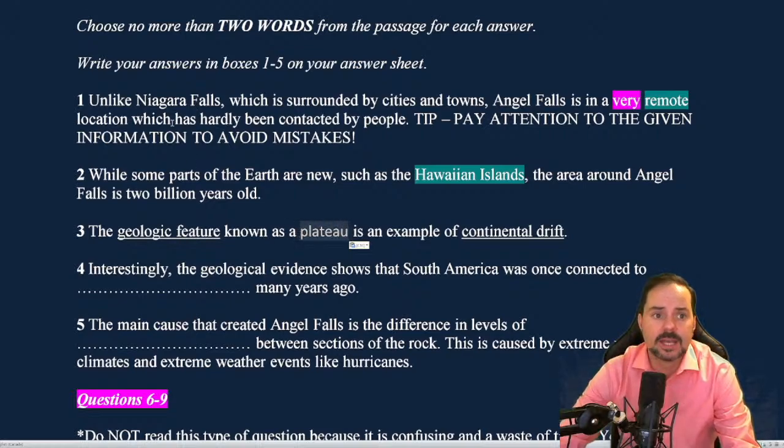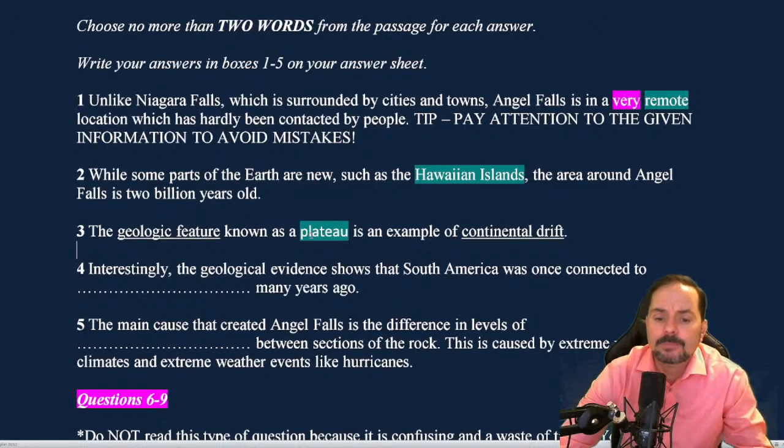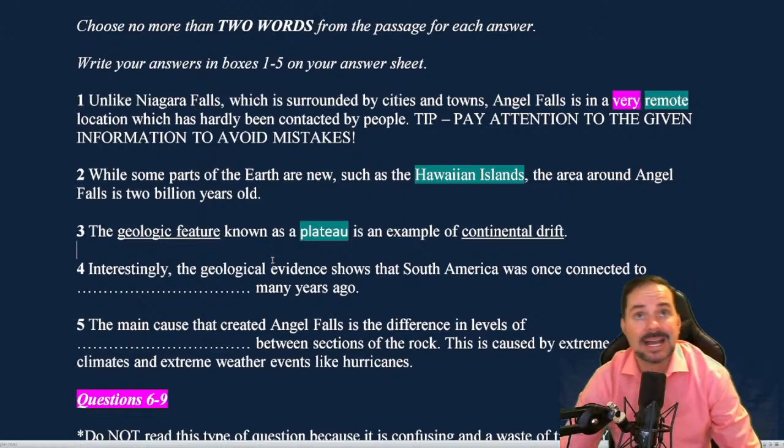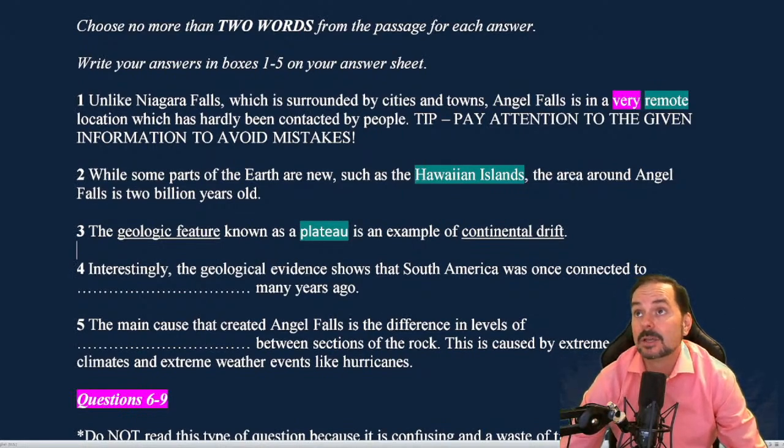Okay, add it to your vocabulary list. All right, so plateau. Plateau is a small p. It's a common noun, everyone. So watch your capitalization. You can use all capitals for the reading and listening, but your capitalization has to be correct. Okay? All right, so pay attention to that.